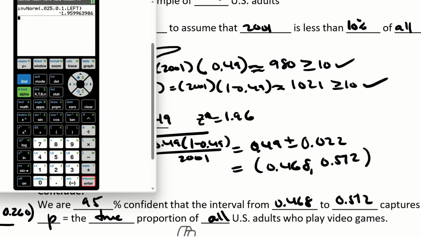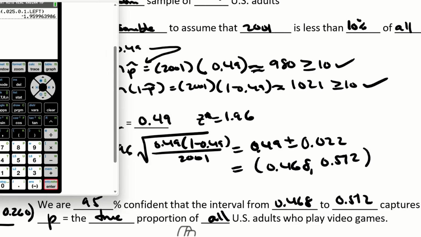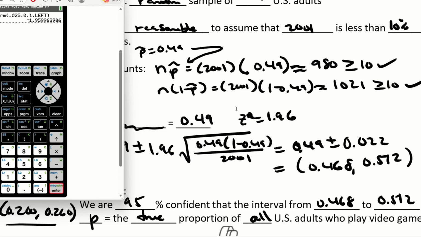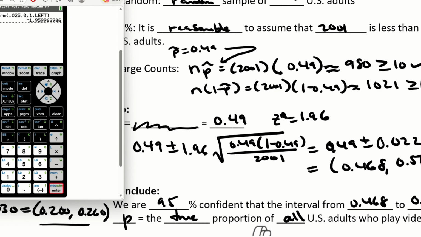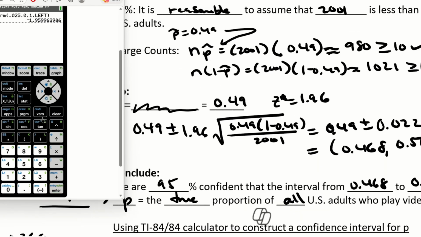We're going to hit stat, then go to tests on the top right. Then we're going to go down to one prop Z interval. There you go, one prop Z int.